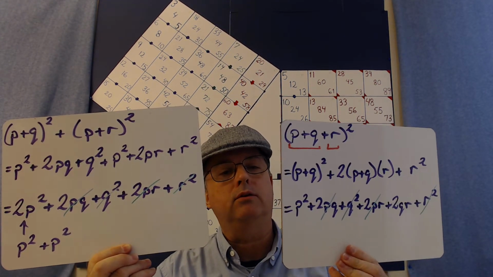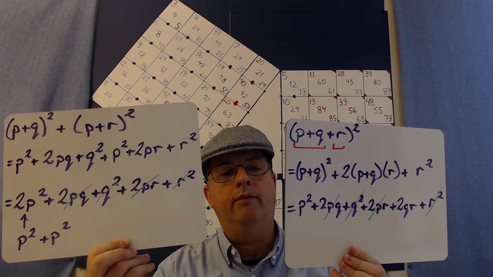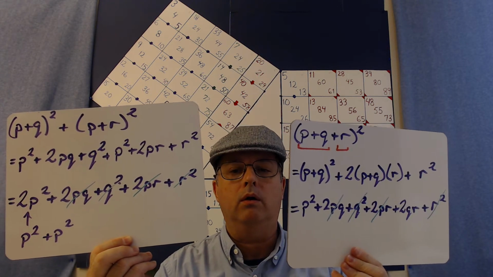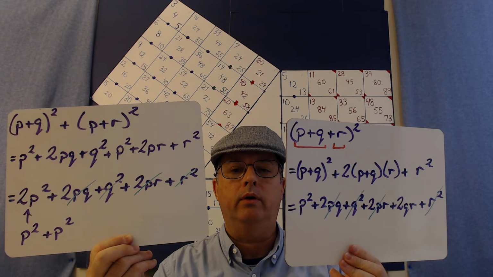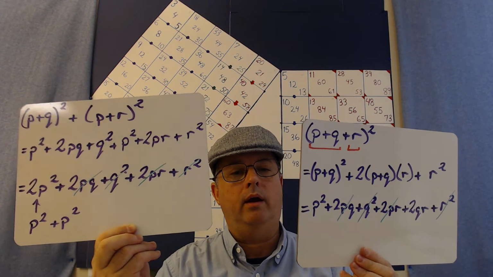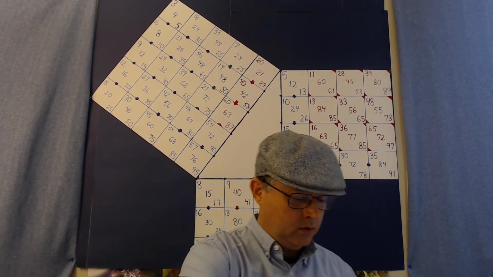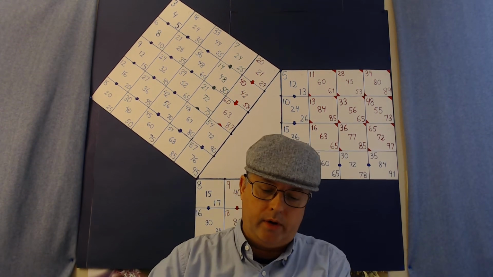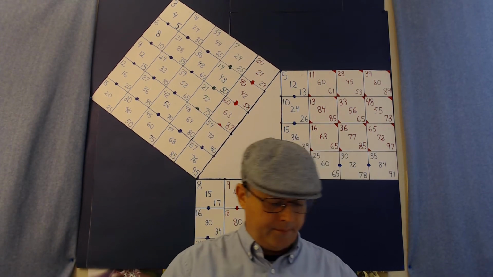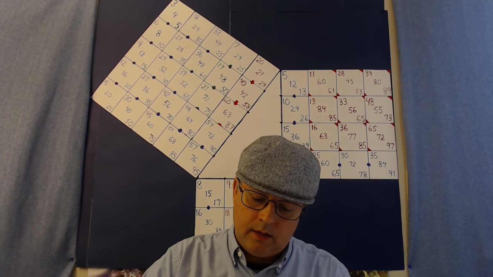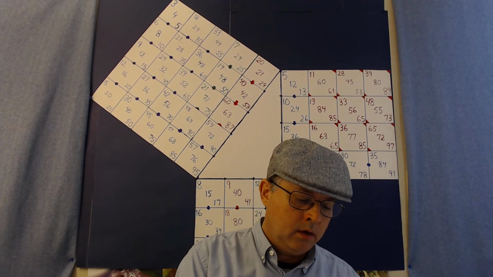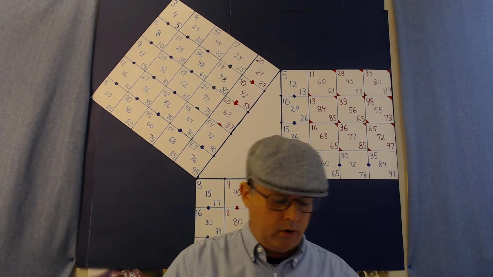we were able to cancel out the 2pq and the q squared and the 2pr and the r squared, and now we can cancel out a p squared. So we have a p squared here and a p squared there. And so now let's circle what's left over. We have a p squared here and a 2qr there.